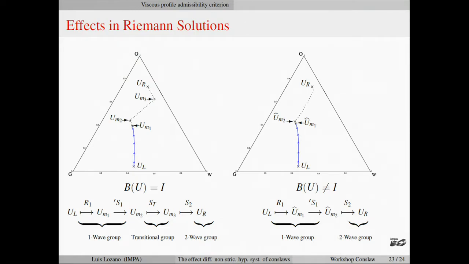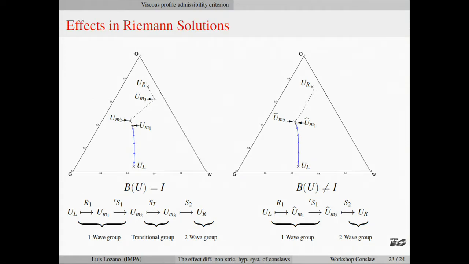But the construction of the Riemann solution, in this case, with the viscosity matrix, you use the rarefaction between UL and UA1. Then you use a sonic shock, this point, a slow sonic shock.